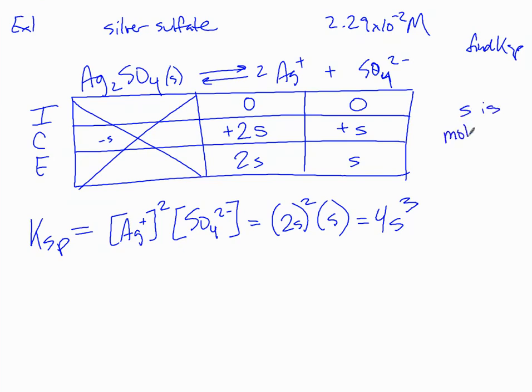is what we call the molar solubility. So you might write this down somewhere. S is molar solubility, which is this number they gave us up here, 2.29 times 10 to the minus 2 molar.